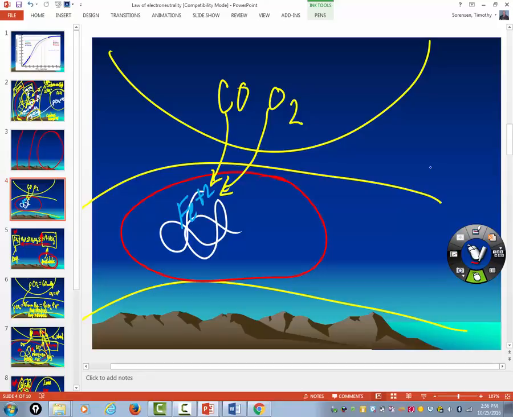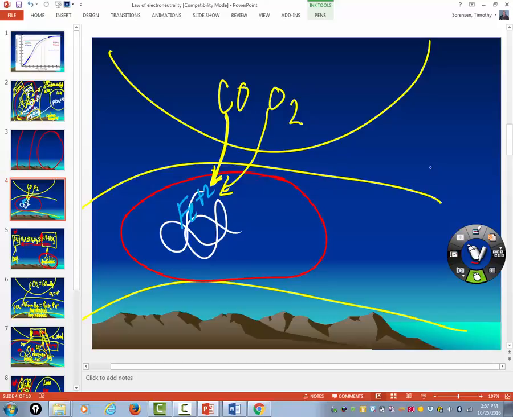So how it kills you is this. Carbon monoxide binds with a much greater affinity to iron than oxygen. What that means is that when that red blood cell gets down to the level of the cell, carbon monoxide does not let go.